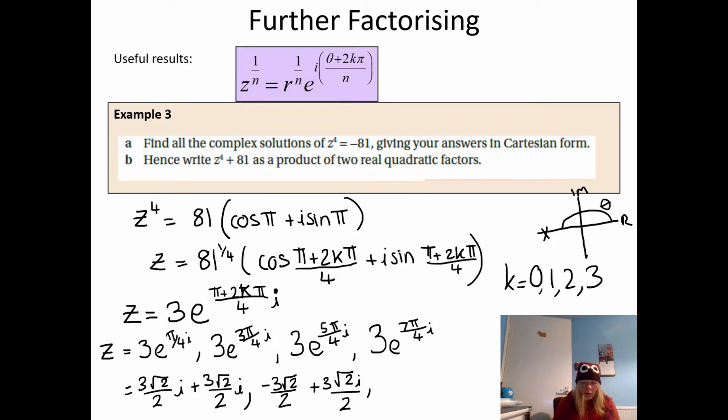And the next one, put that one in, I might have done these in the wrong order. I haven't. There you get that one, don't you? Minus 3 root 2 over 2 minus 3 root 2 i over 2. And then the last one, I'm in the way, is that one with a minus.